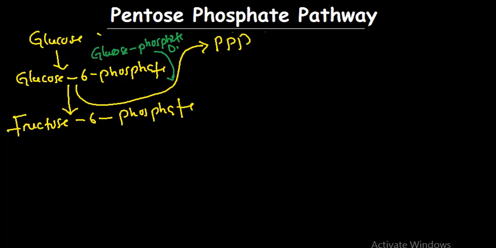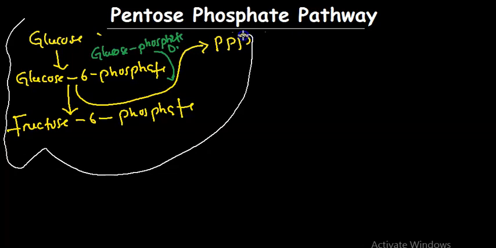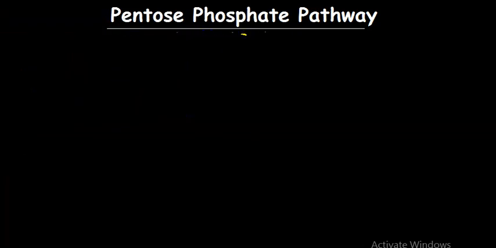Alright, let's begin from here. Let's say here we have our glucose 6-phosphate.